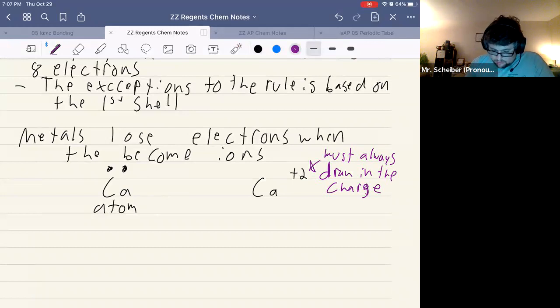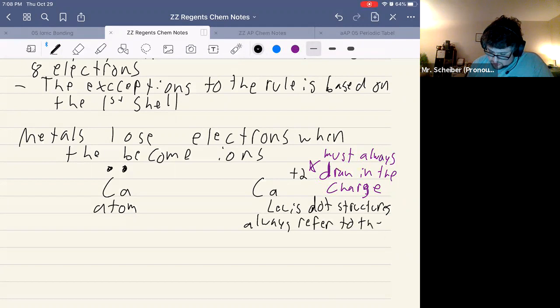Now, you will notice that there's nothing around it. There are no dots around it. Why are there no dots around it? It's because Lewis dot structures always refer to the valence shell of the parent atom.